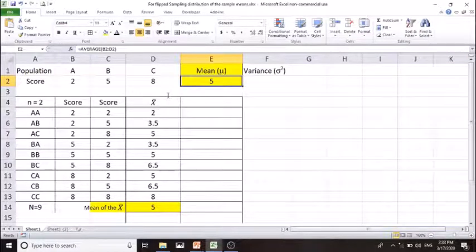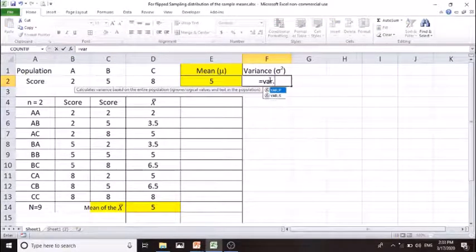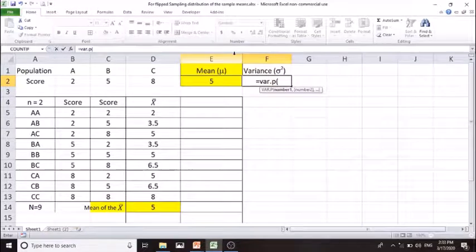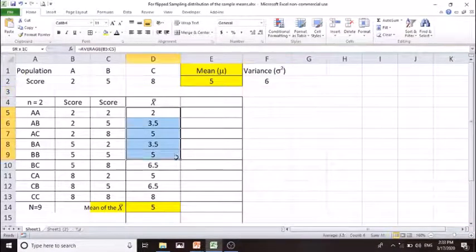Let's now have the variance. Our population here is 2, 5, and 8. So the variance is 6. Now, let's have the variance of our sample means.